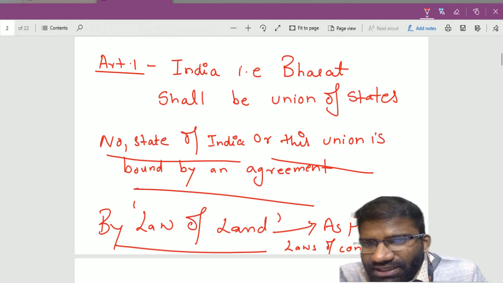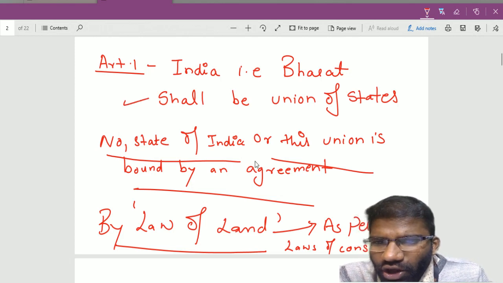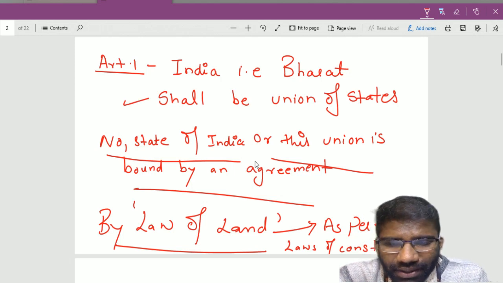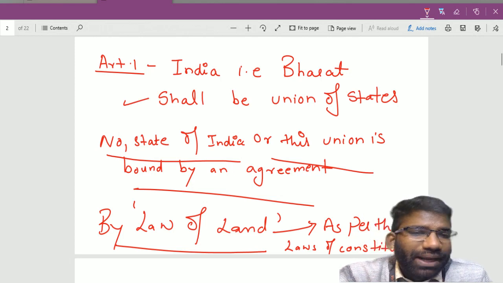Now, what I have discussed here: India is a union of many states, but the states of India are not bound together by an agreement; they are bound together by the law of the land.